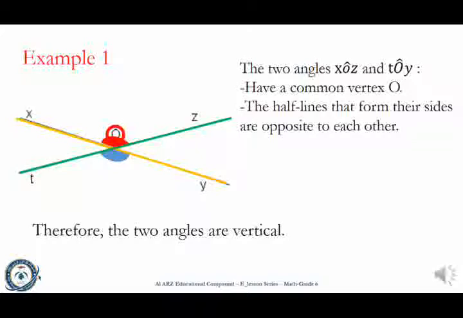Are their sides opposite to each other? Let's see, if we extend OX, we get OY. And if we extend OZ, we get OT. So yes, the half lines that form their sides are opposite to each other. Therefore, the two angles are vertical.